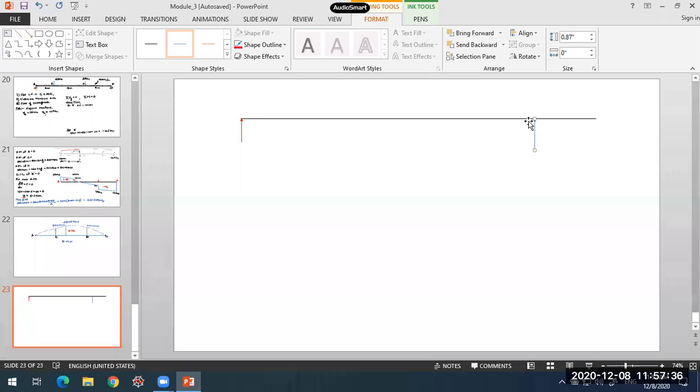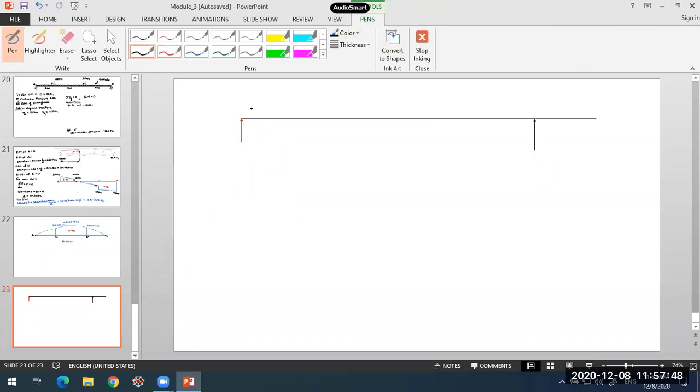Please understand how we did this calculation of maximum bending moment. That is important. In that problem we did not find any point of contraflexure.